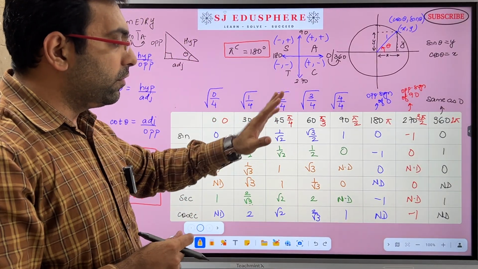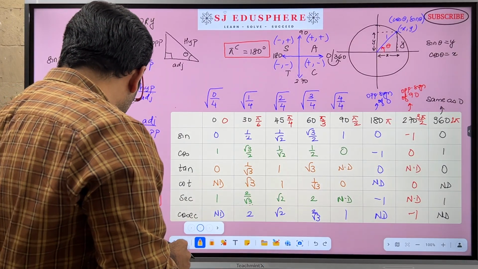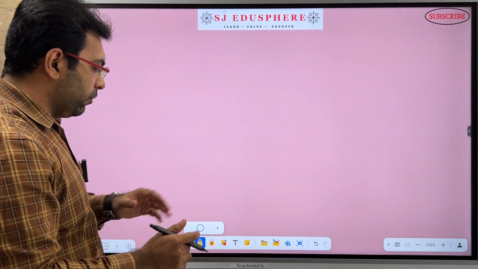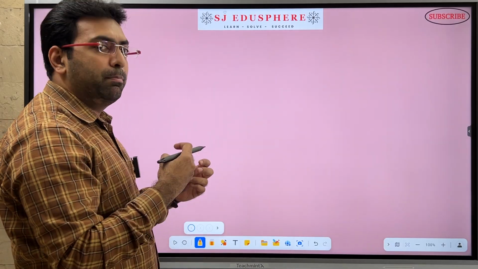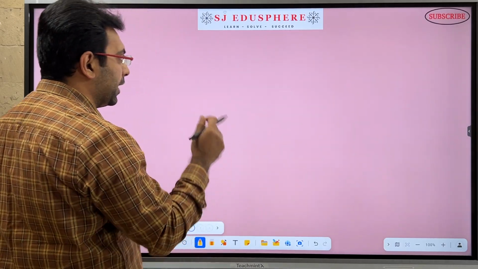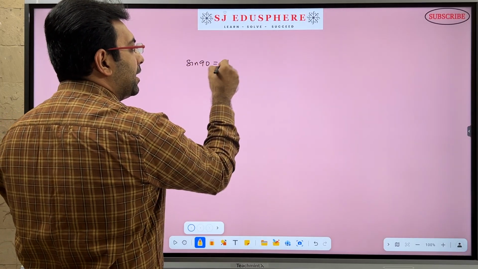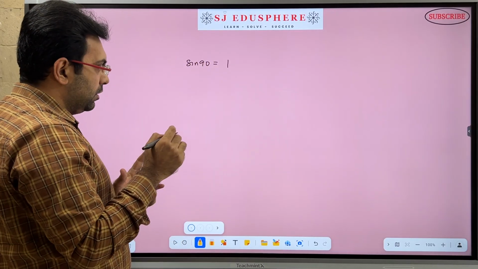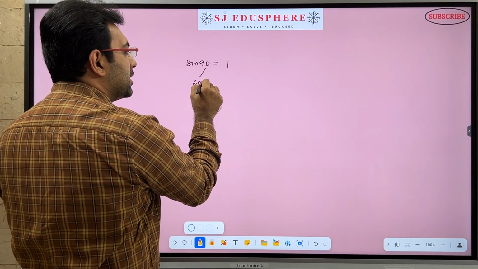Now I go further to derive the formula list which I need for Trigo. Before we try to derive the list, let us take an example which will help us begin the formula. We all know that the value of sine 90 is 1. Can I write 90 as 60 plus 30?